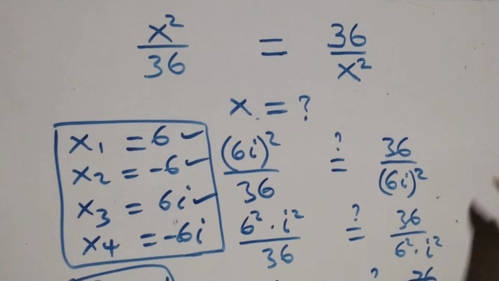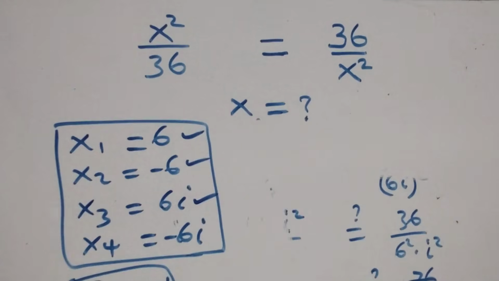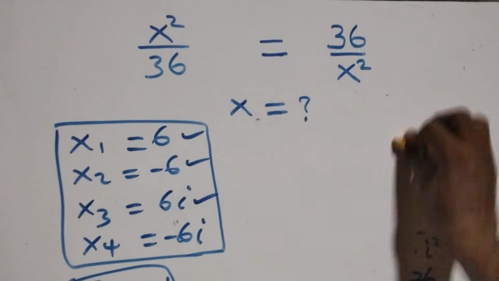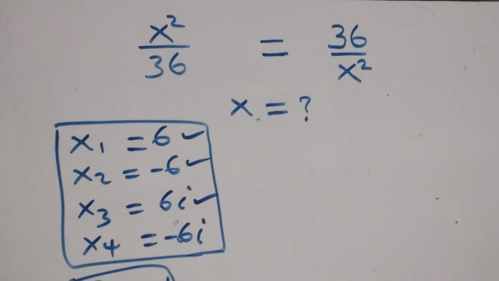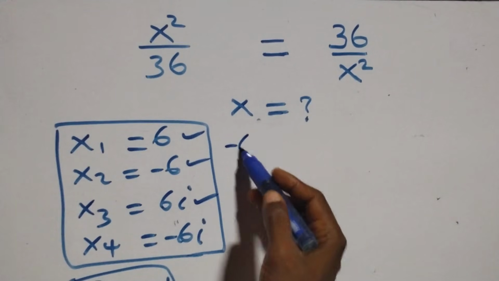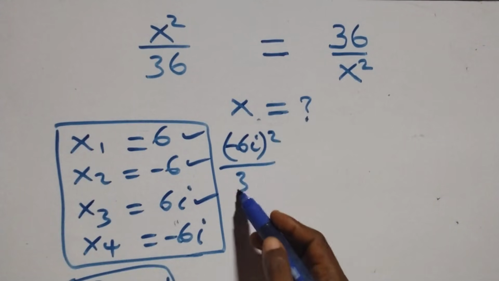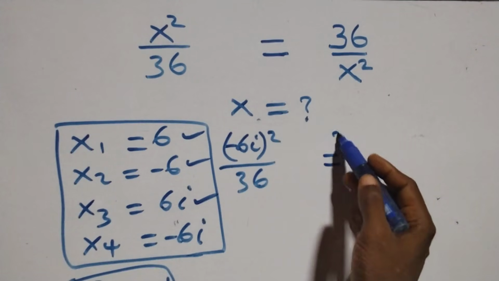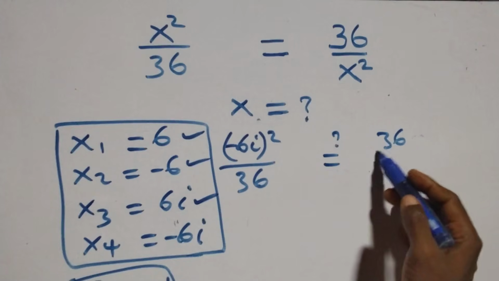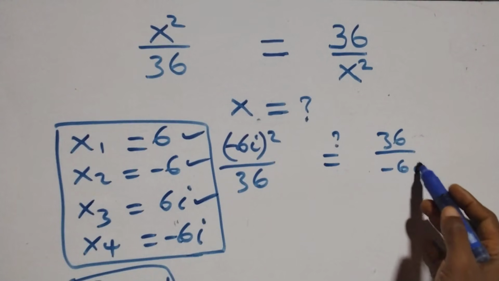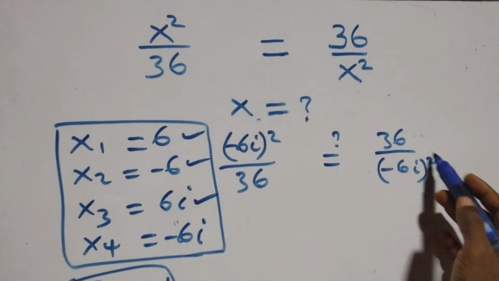Also we substitute x equals minus 6i. What we have becomes minus 6i all squared over 36. Is it equal to 36 over minus 6i all squared?